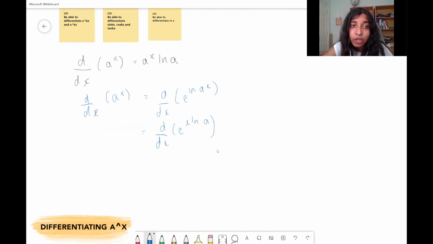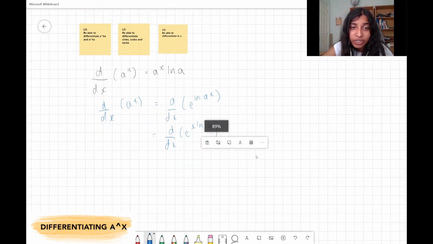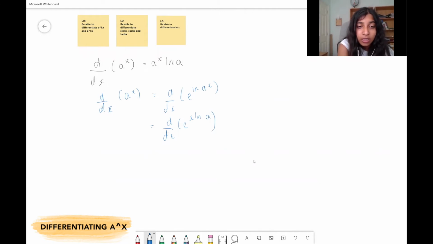Now we can solve this using the chain rule. We can say that y is equal to e to the u. That means dy over du is equal to e to the power of u, and our u is x ln a.